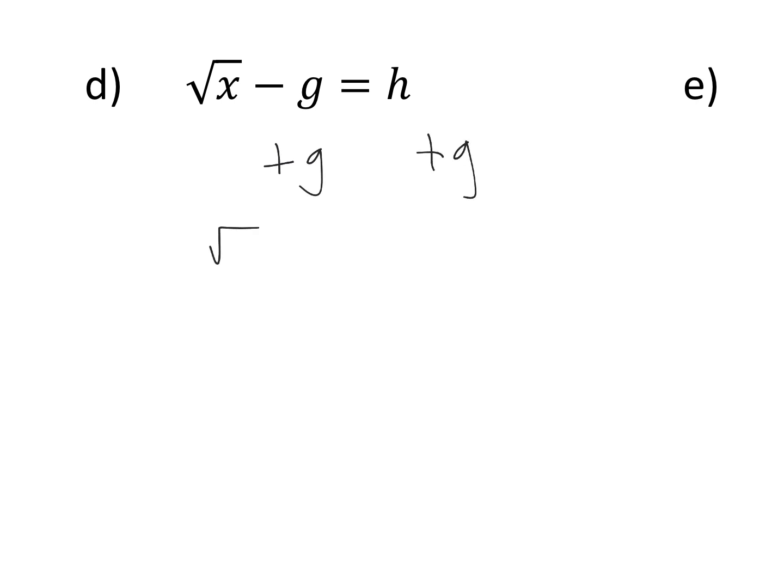And we've got the square root of x is equal to h plus g, or g plus h. Now the whole left hand side is rooted, or x is rooted, and to reverse that square root we can square that. So we've squared the left hand side to just have no square root, and we'd have to then square the right hand side too.